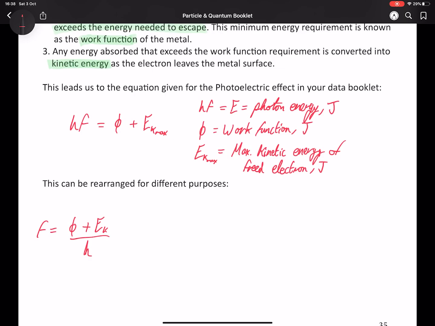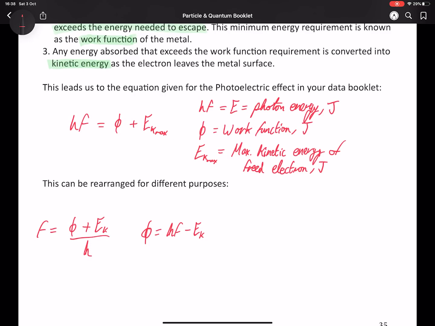So let's consider rearranging for work function. The work function, being the amount of energy we need for the electron to escape the surface, can be determined by measuring the kinetic energy of the electrons as they leave and taking that energy away from the calculated energy of the photon, which we can do using E equals hf.